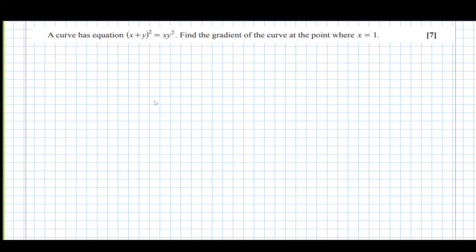So I think the first thing to do here, rather than using the chain rule to differentiate that bracket squared, I would multiply out the brackets first of all. So again, a bit of a sideshow.